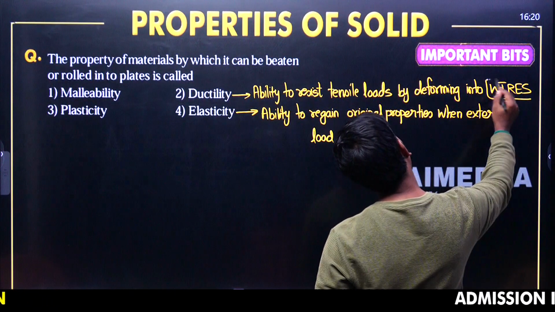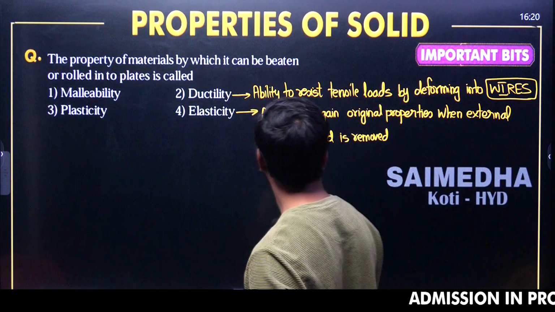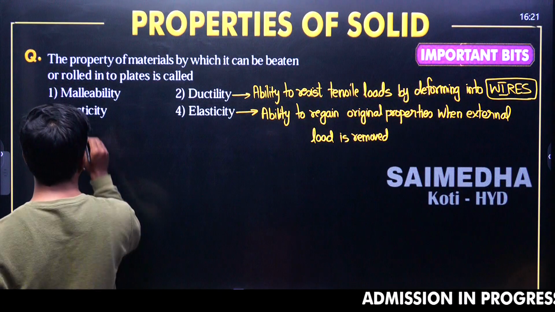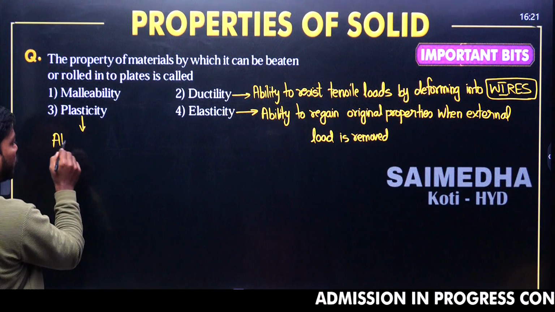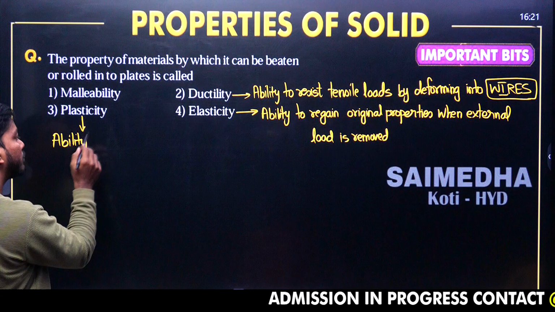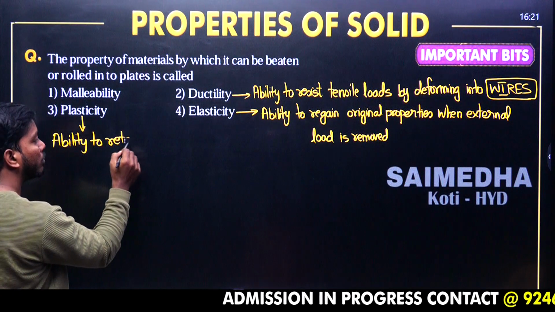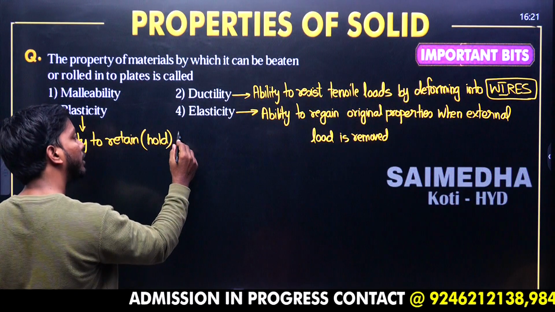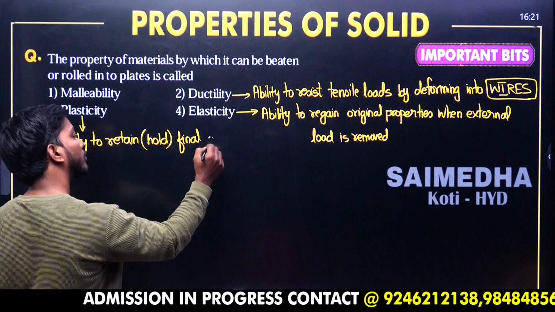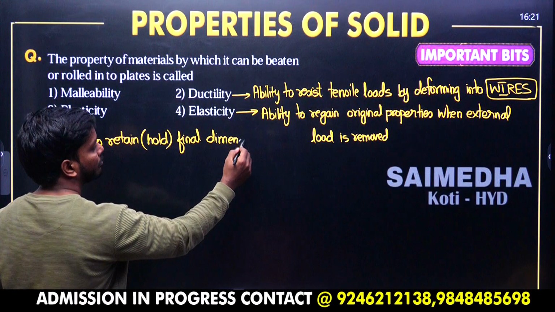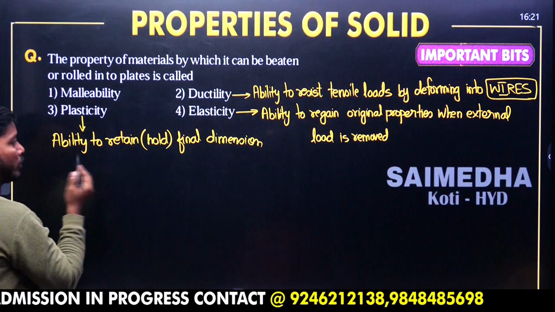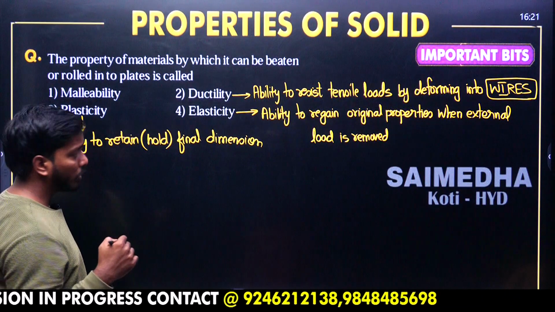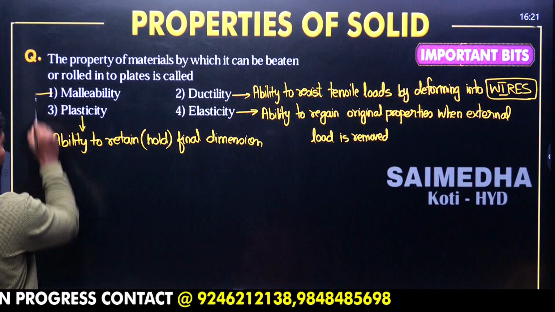If wire formation is given in the question, the answer should be ductility. Okay. Plasticity. Ability to retain, retain is to hold, final dimensions. That means the original dimension does not come back. Okay, that is plasticity.